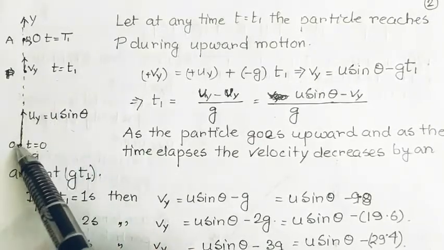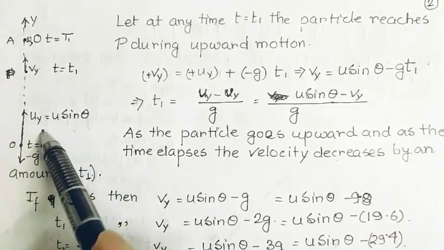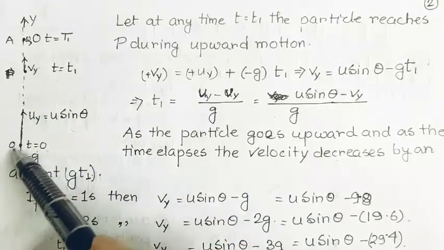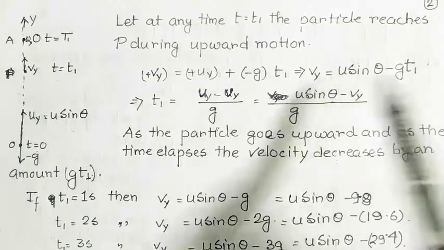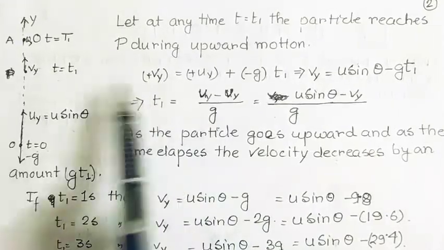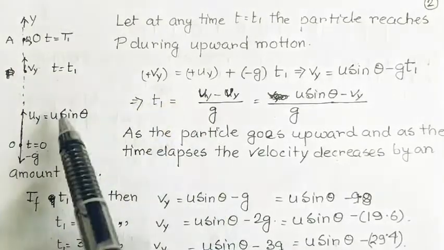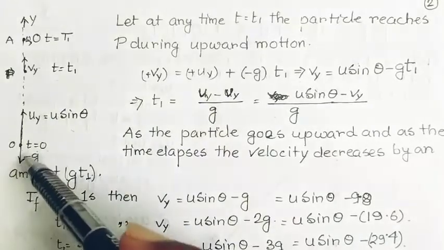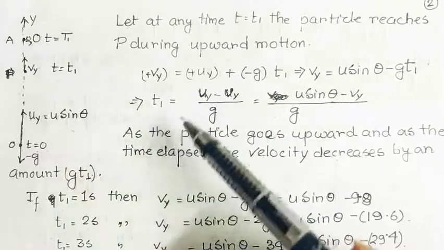So if I consider the motion from O to P, the final velocity is Vy, the initial velocity is Uy, the time elapsed is t1, and a, the retardation here, is minus g. Vy is along the positive y axis, Uy is also along the positive y axis, a is minus g, along the negative y axis, and the time elapsed is t1.